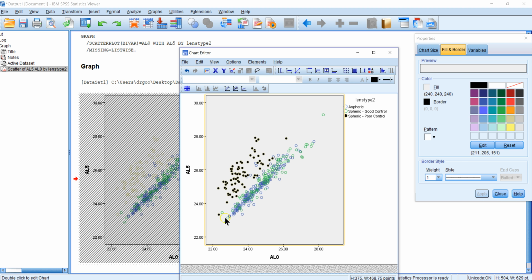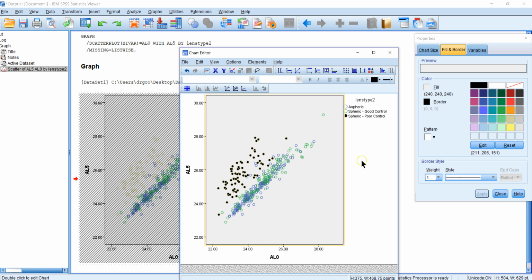So if you started out low, your axial length at 5 years is going to be a lot less than if you started out at a baseline that was a little bit longer. So what we want to do in the analysis of covariance is adjust for where people started so that we can compare the outcomes directly at 5 years, compare the lens types at 5 years.